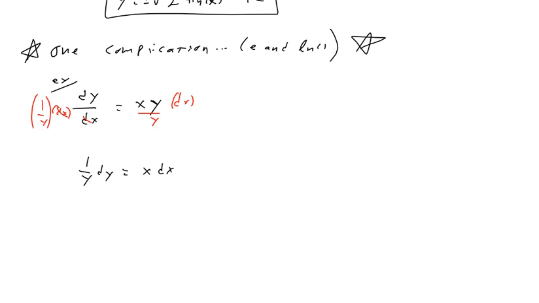Right? This is my complication here. This fraction of 1 over y is my complication. It's not that complicated. It's just one more thing to remember how to do in these problems.